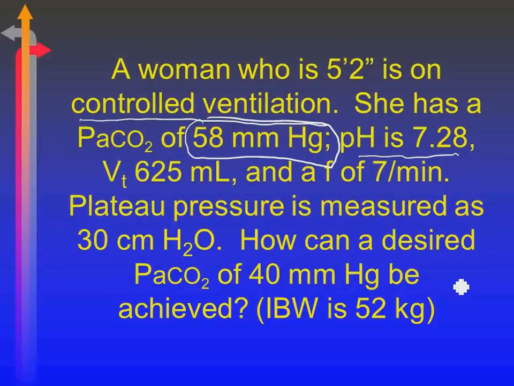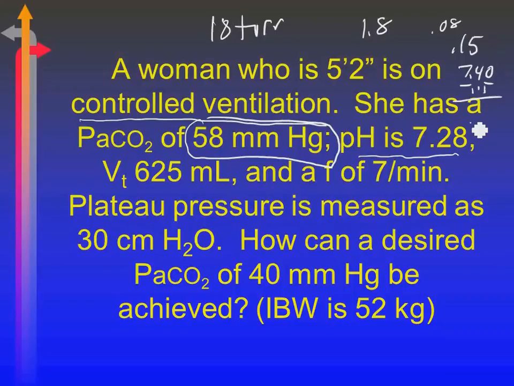My first gut is, yeah, that's about an 18 torr change from normal. So it's 1.8. For every 10, you drop 0.08. So it's almost 0.1. Call it 0.15. 7.4 minus 0.15 is 7.25.